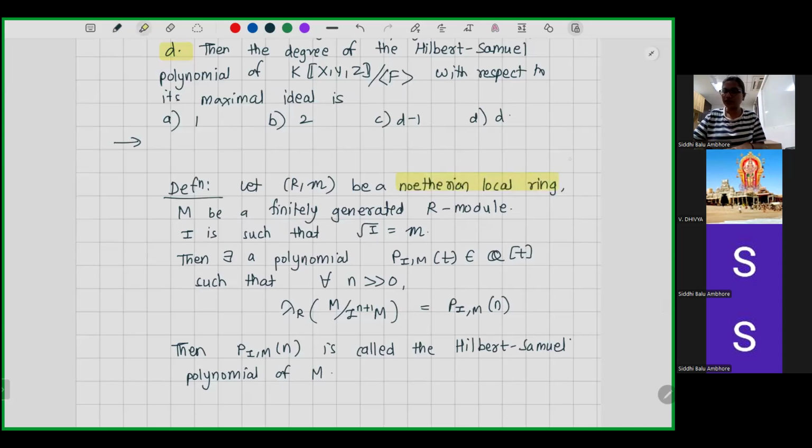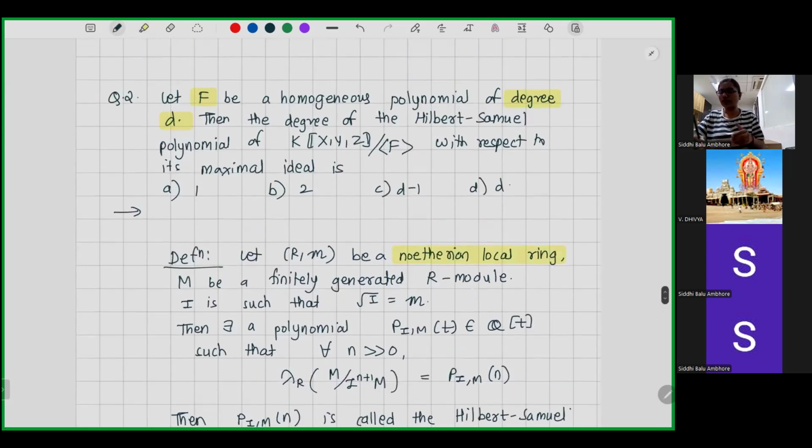We have to start with this Noetherian local ring, and note that this k[[x, y, z]] power series ring is also a local ring. Here k is a field. The only maximal ideal here is (x, y, z).